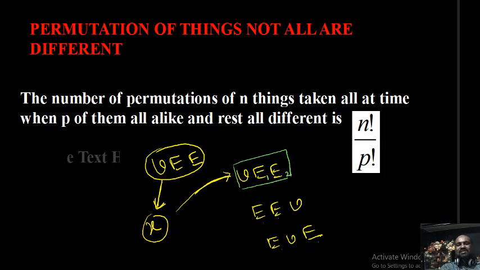After replacing those like E's by unlike E's, this permutation gives 2 factorial linear permutations, in such a way that the relative position of other things is not disturbed. V is here only. So if these two are treated as different, it will give 2 different linear permutations.